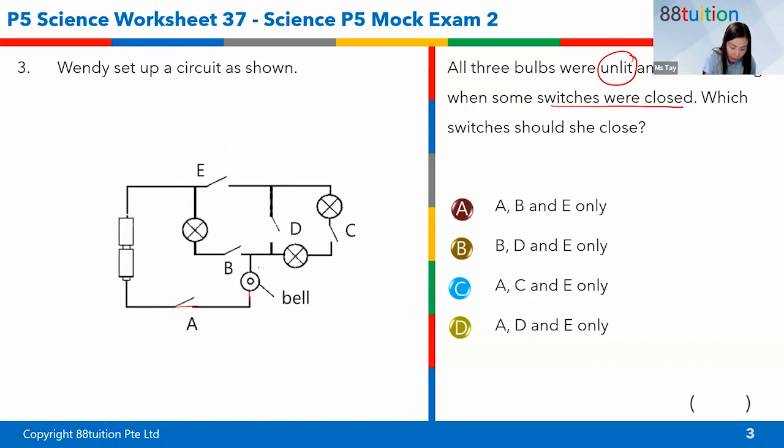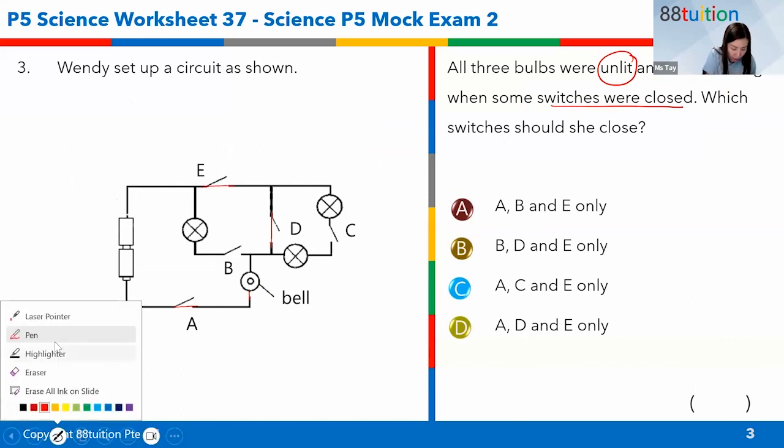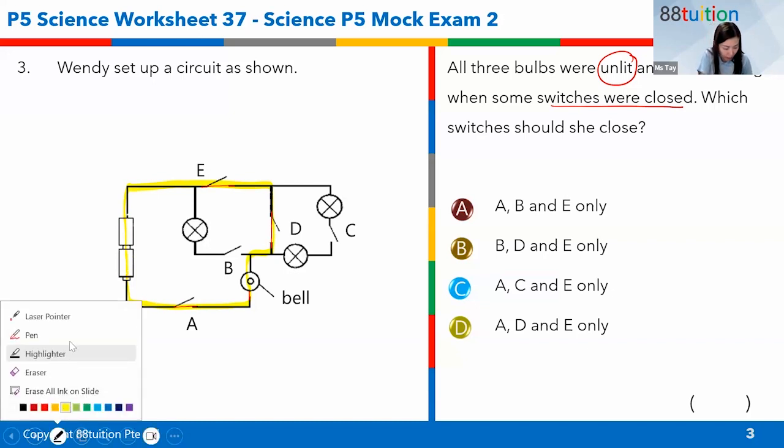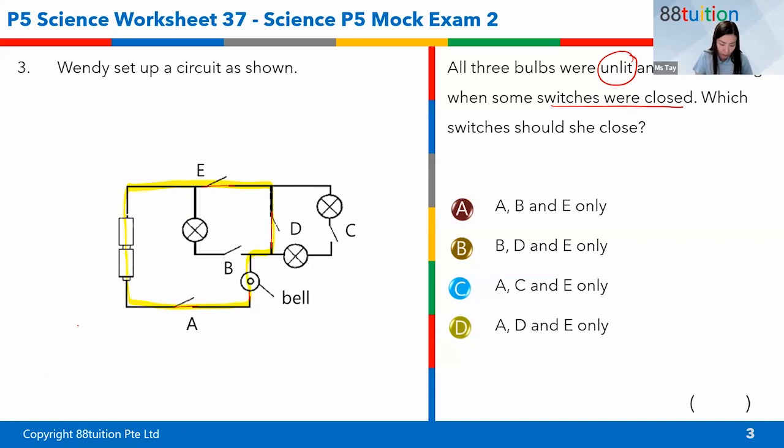What is the next one you can close? Definitely will be D, and then will be E. So let's check the complete path. Okay, so the complete path is like this. Is it correct? Do any bulbs actually light up? No, isn't it? So the answer is A, D, and E only.